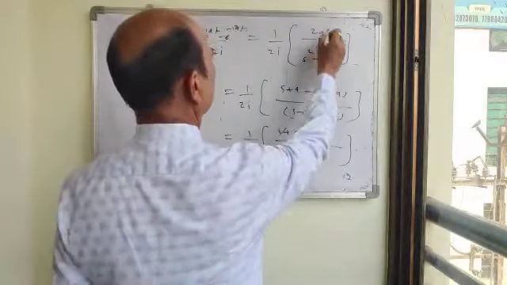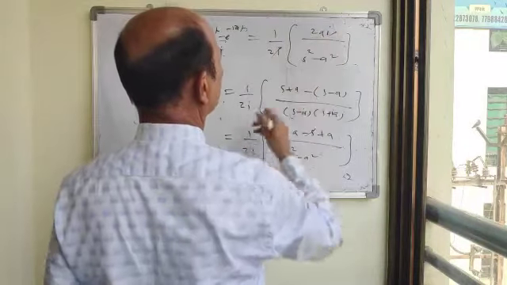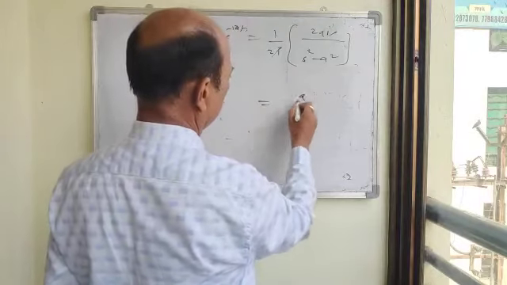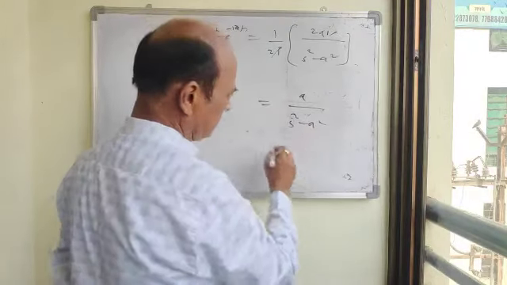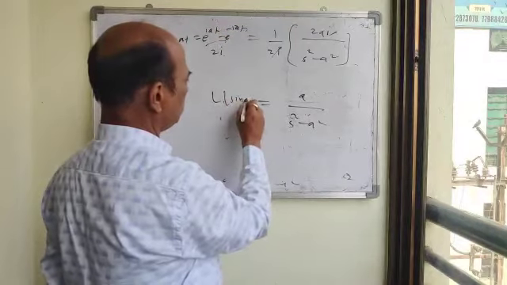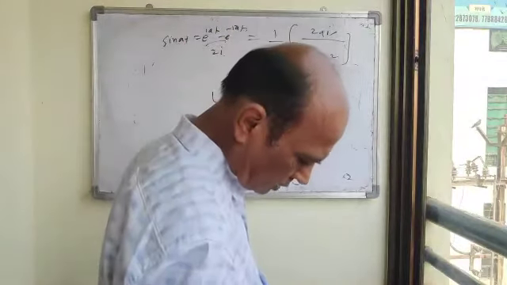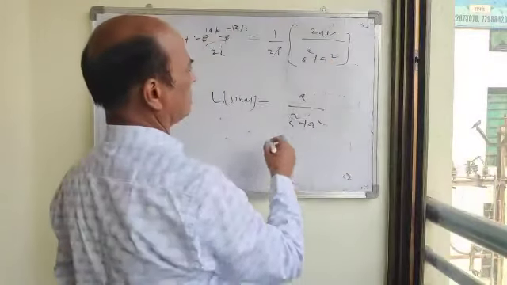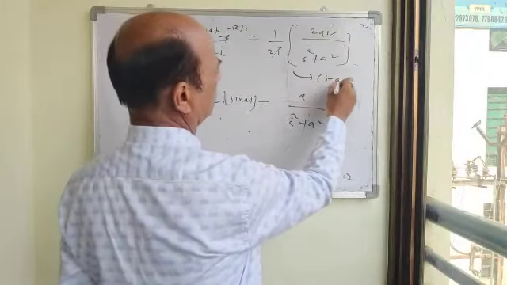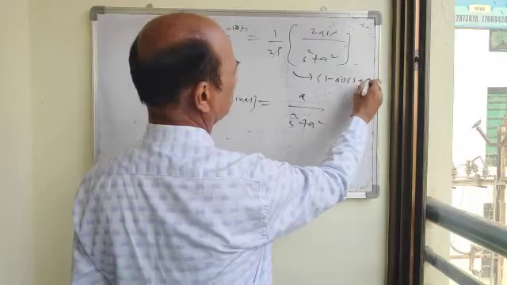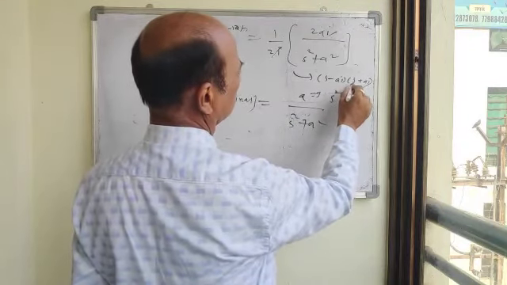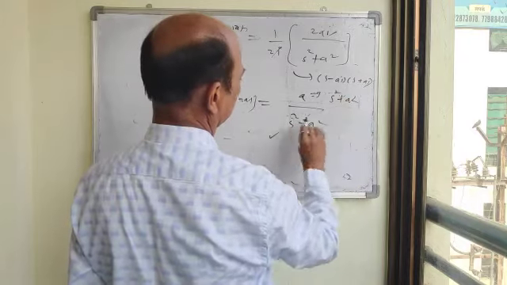Here 2ai, so 2i cancels and we get a upon s square plus a square. This is L of sin at: a upon s square plus a square. How? s minus ai, s plus ai, that is equal to s square minus minus plus, this is a square. So in this way.